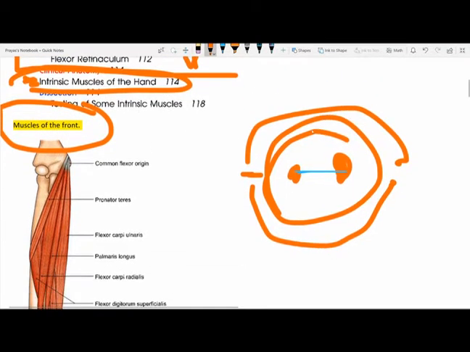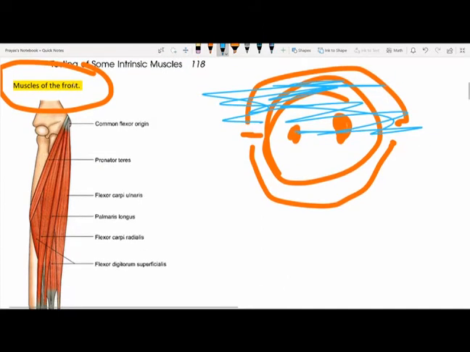We only covered the anterior part of the forearm, so we'll talk about muscles in front of the forearm.